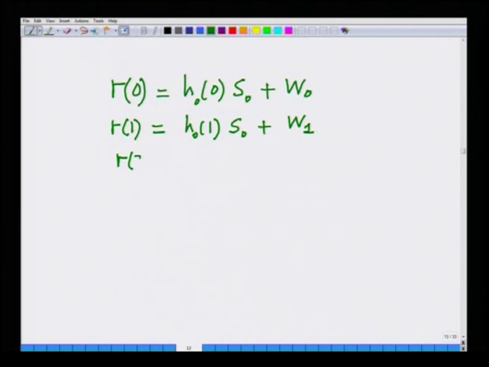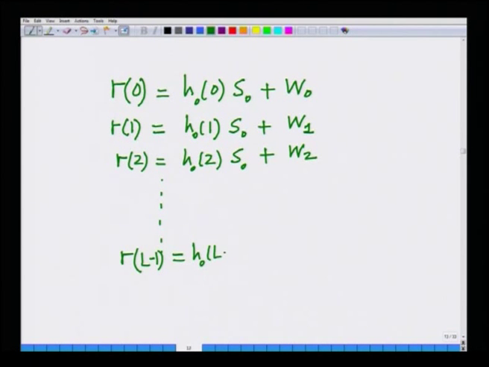R 2 is H 0 2 S 0 plus W 2 corresponding to decorrelation with C 0 m minus 2, and so on and so forth. This is R of L minus 1, which is equal to H 0 L minus 1 S 0 plus W L minus 1.